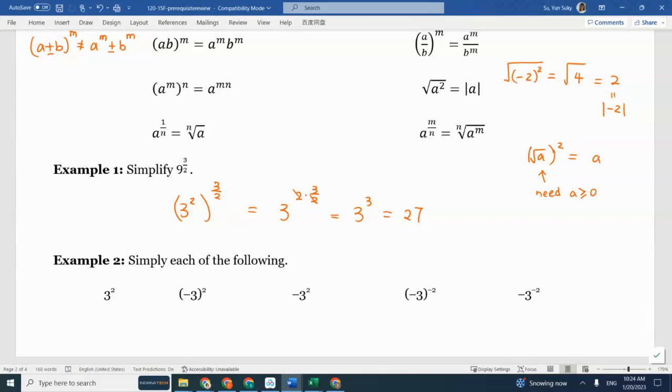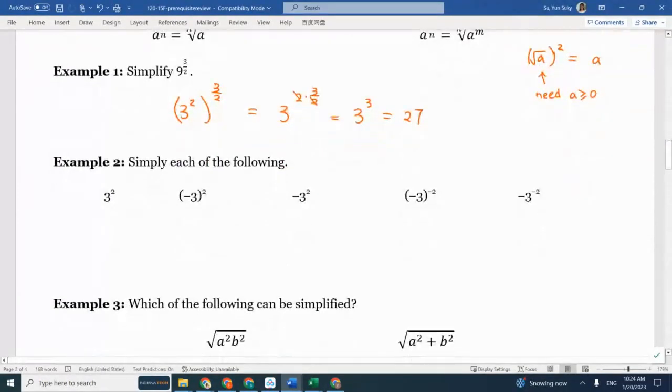15 squared is 225. 16 squared, I don't remember that as well. It's good to practice and build a sense of numbers, right? 256.